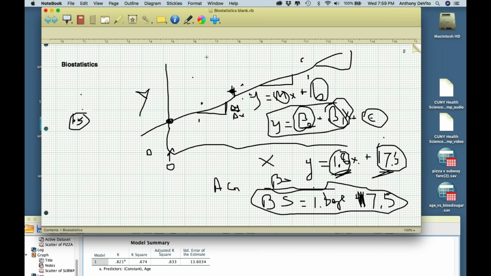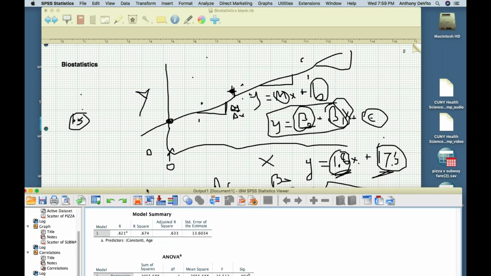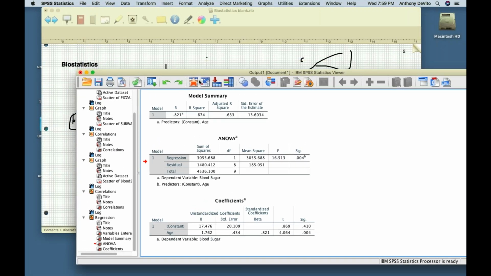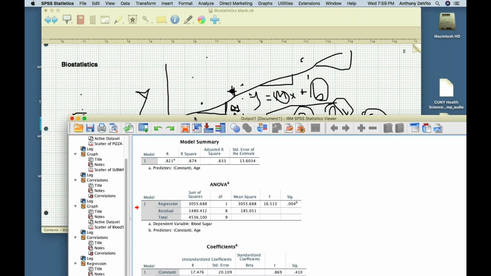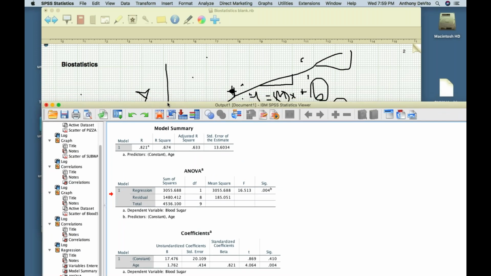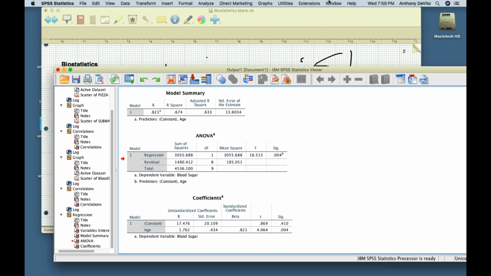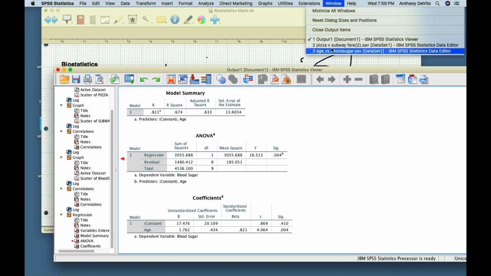So let's go back to what we have here. I could look at this a couple of ways. One way is I could pick a person out. Let me get to my data again. Here it is.